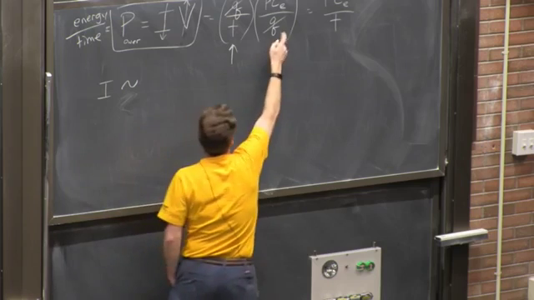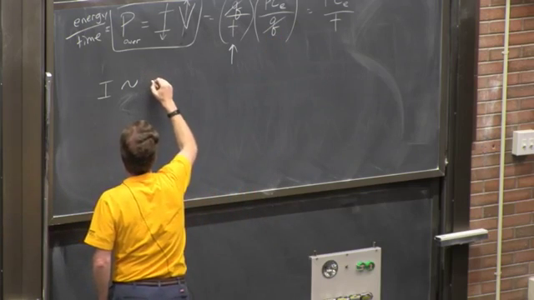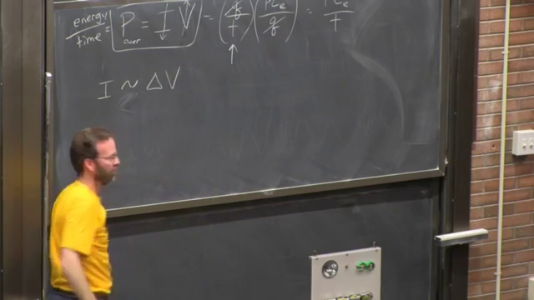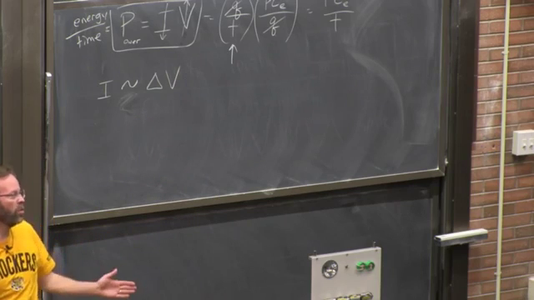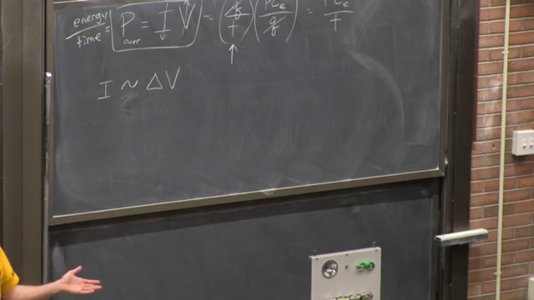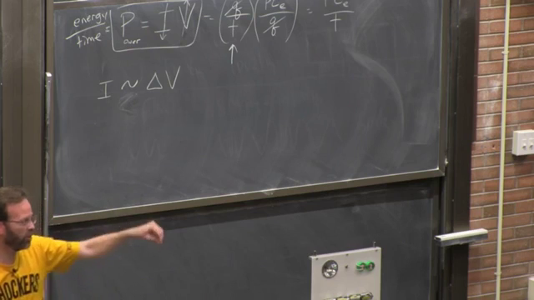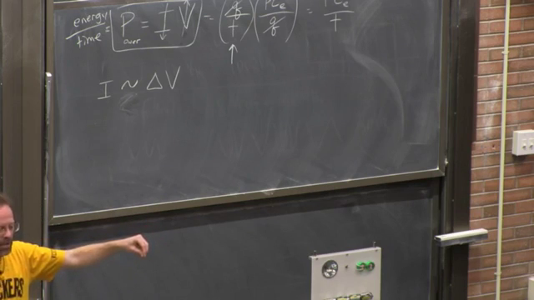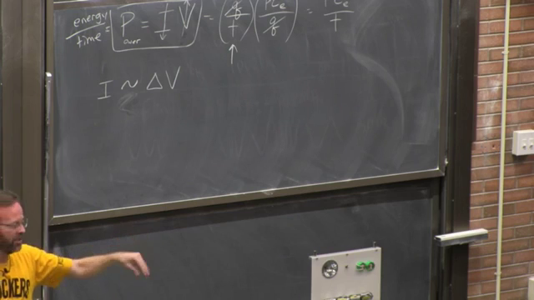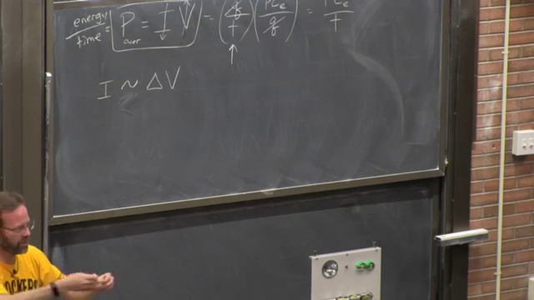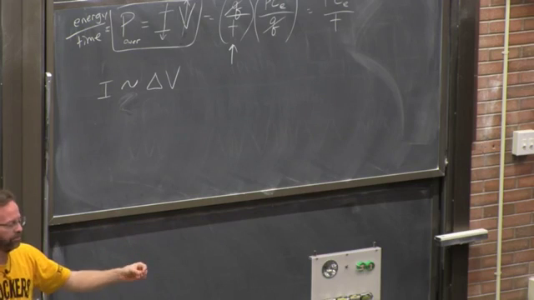One, the push. It's proportional to that difference in voltage, because the charges won't move if you have the same potential. The obvious one: if it's 0 here and 0 here, nothing's going to happen. If this is 100 and 0, or 120 and 0, now we know something's going to happen. There's a difference in potential.